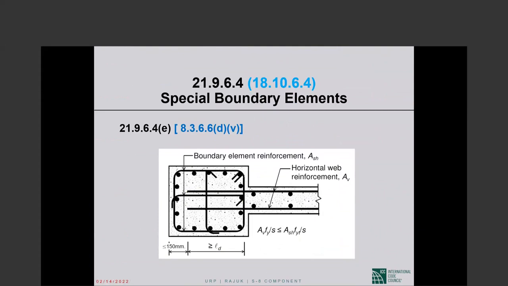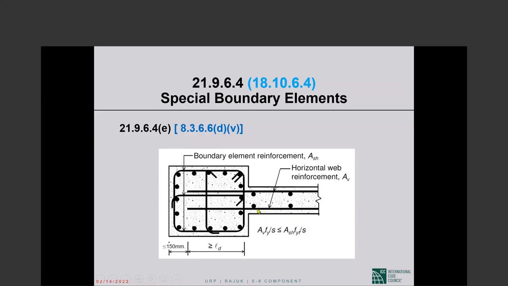Straight shear bars ending in the boundary element is allowed, provided you have sufficient straight bar development length, and also provided you satisfy this equation.